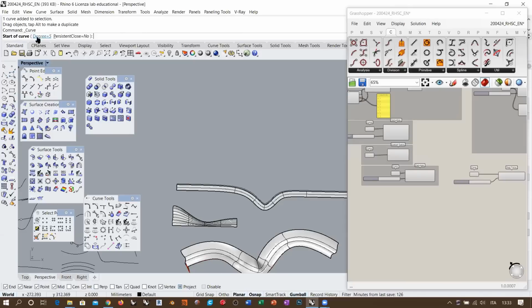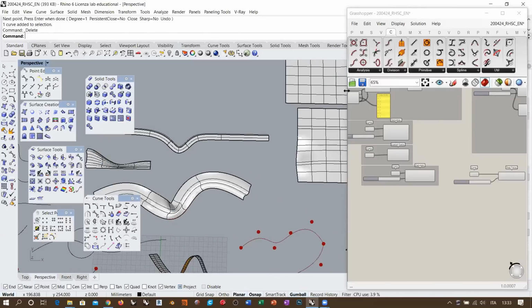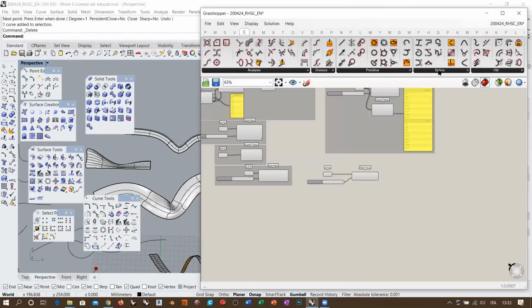And if you change the degree to 1, you are creating a polyline, which is a spline. So that's why you will find all the types of free-form curves inside the spline group.